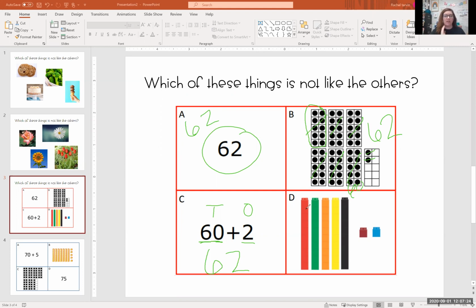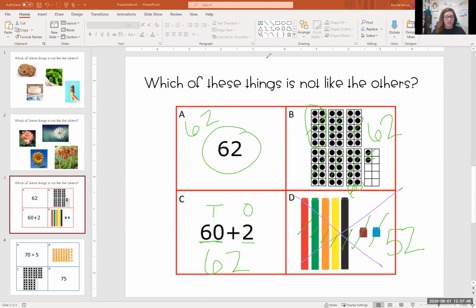And remember, we want to count it quickly and efficiently. So the easiest way to do that is count by tens. Let's do that together. 10, 20, 30, 40, 50, 51, 52. This one is only worth 52. So I know that I can get rid of it. I'm going to exit out. That's the one I eliminate.